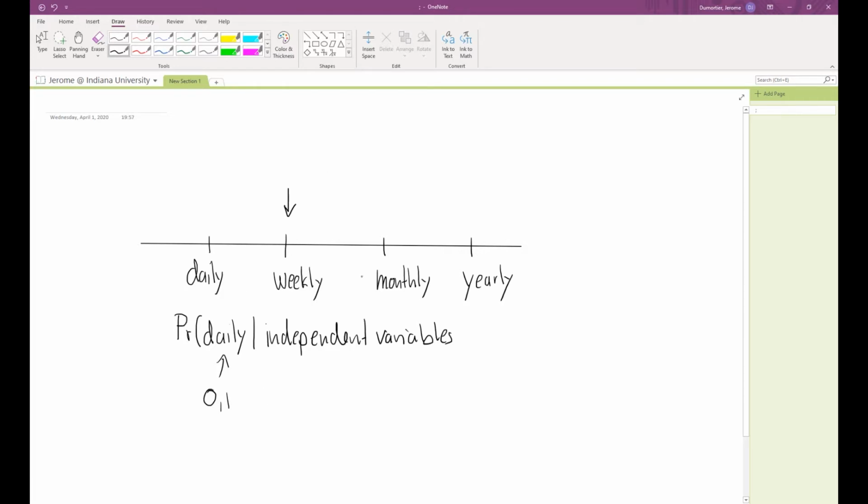Now, in this model, the dependent variable can take more than two values. But those values are actually naturally ordered. Okay.